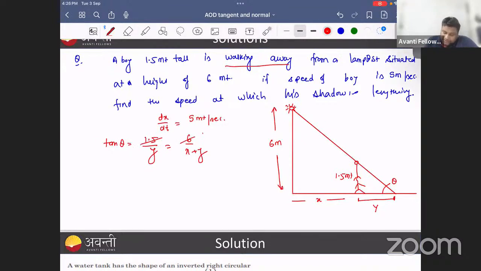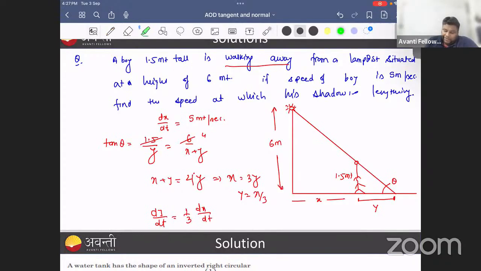Now, cross multiply. 1.5 into 6 will go 4 times. So x plus y is equal to 4y. So x is equal to 3y, or I should say y equals x by 3. So dy by dt is 1 by 3 into dx by dt.